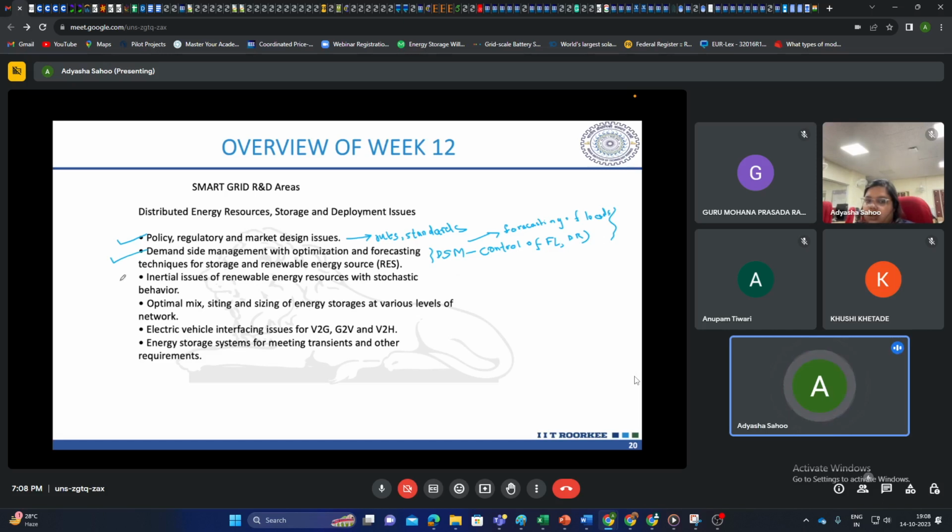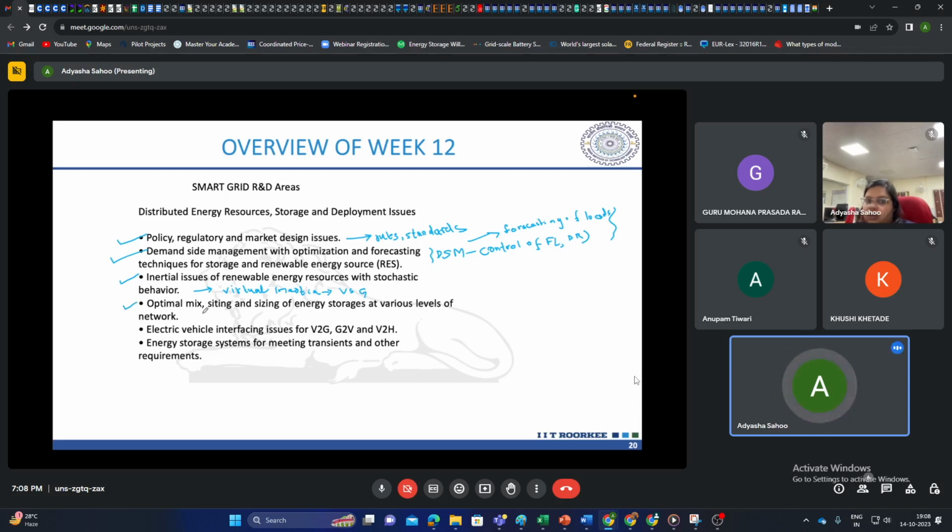Then we saw the inertial issues. So as the synchronous generators retire, the inertia will be an issue. So that we need to fulfill with the help of virtual inertia through these virtual synchronous generators. Then the optimal mix, siting and sizing of storage at various levels.